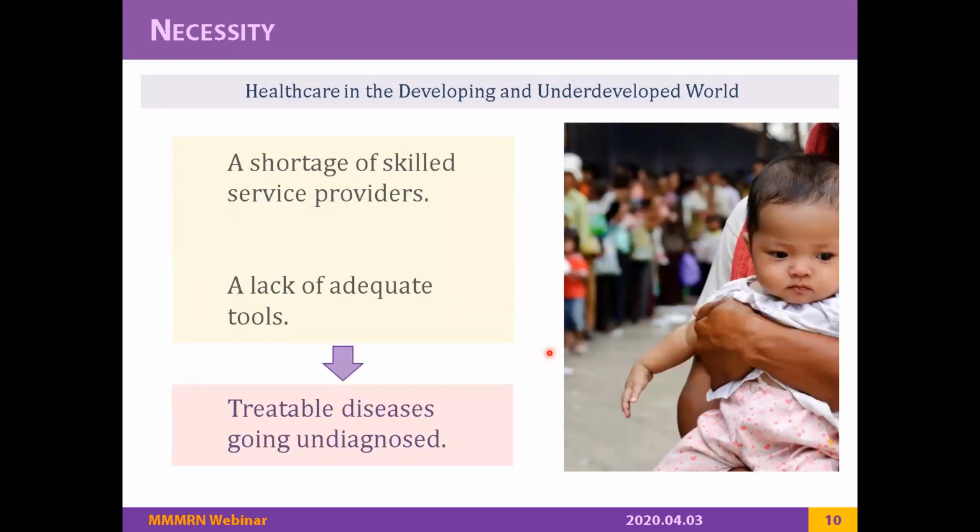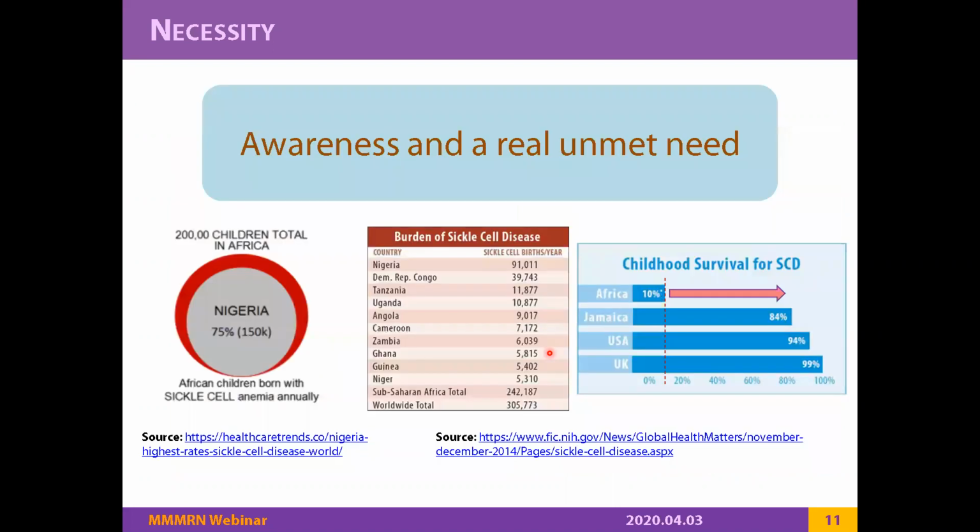So what happens in developing and underdeveloped countries? You have a lack of technology and a lack of trained personnel. And what it causes is that this treatable disease, where people can be helped, goes undiagnosed. And that can result in early death. And there's an awareness about it, like all the statistics show.